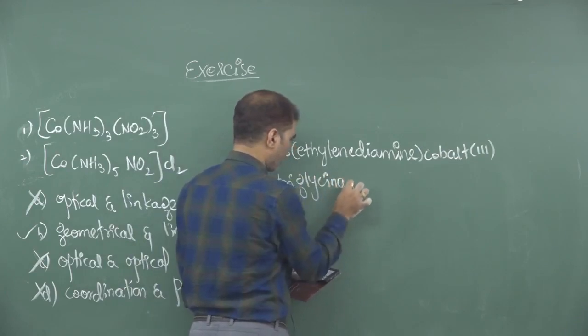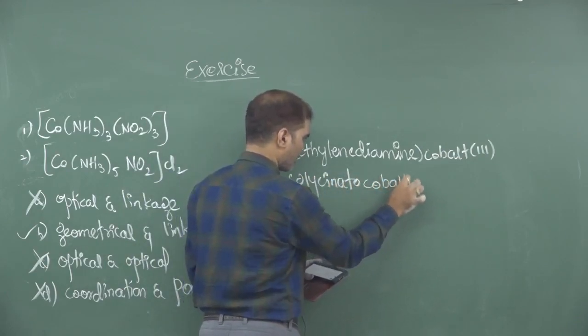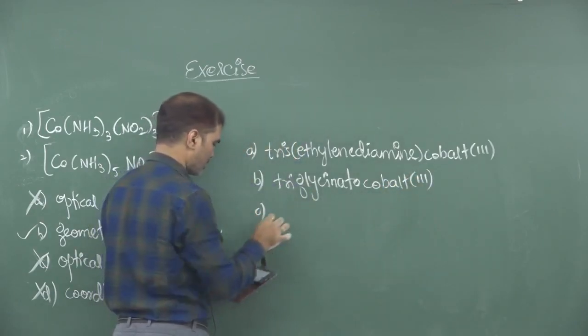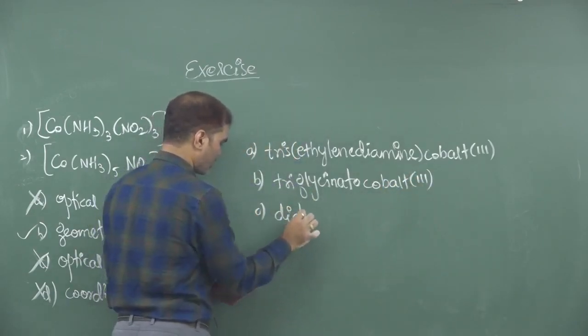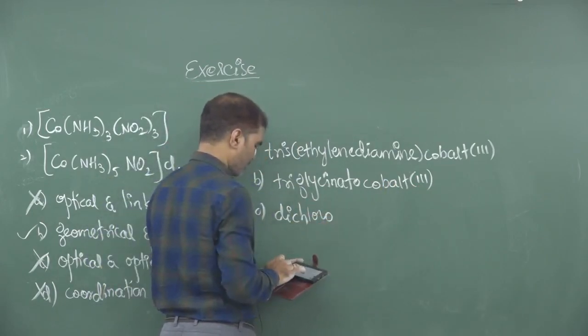Without going through the previous classes, you just try to attempt this. It looks very difficult, but after all these classes, all those examples we have done, this must look very easy for you.